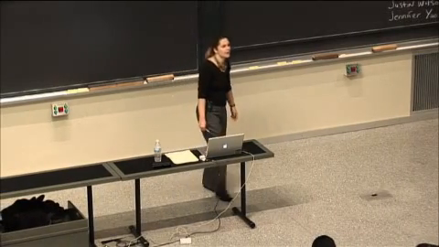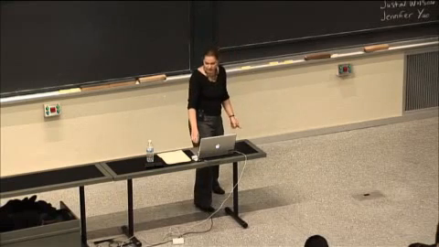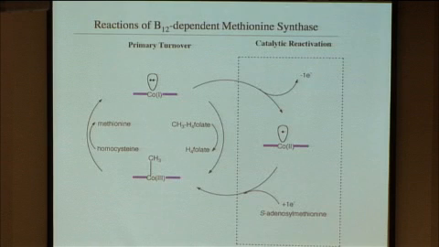All right, well, what about oxidation reduction? So this enzyme does a lot of different oxidation reduction reactions. When it reacts with homocysteine to form methionine, the vitamin B12, which is shown in a cartoon form down here, goes from a +3 state that has the methyl associated.